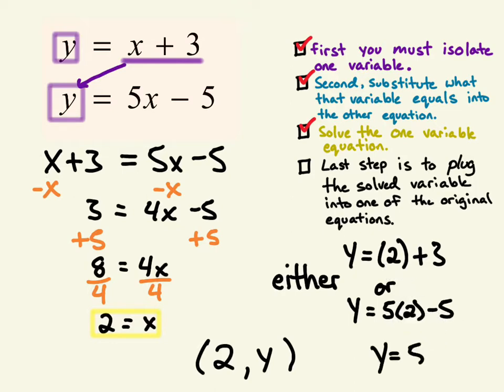So either way I get y equals 5. I have these little sub answers here, but my solution is right here, 2 comma 5. That's the coordinate at which both of these lines would intersect.